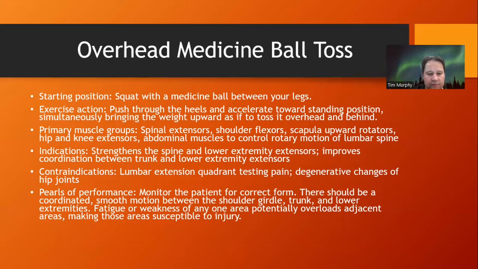And pearls of performance: monitor the patient for correct form. There should be a coordinated, smooth motion between the shoulder girdle, the trunk, and the lower extremities. Fatigue or weakness in any one area potentially overloads adjacent areas, making those areas susceptible to injury.